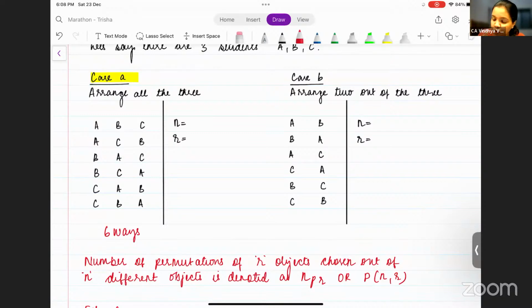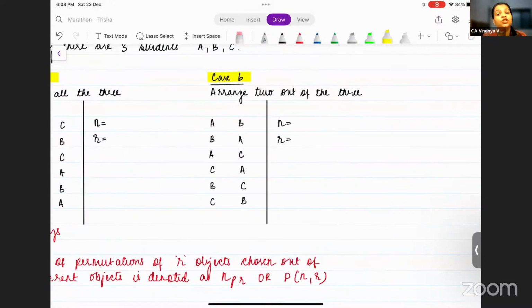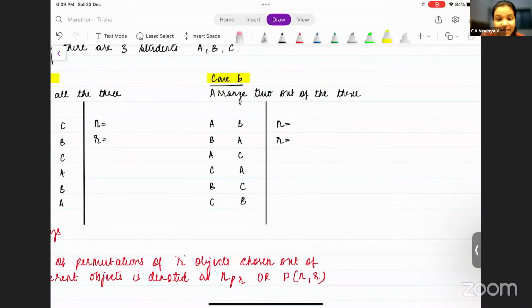Okay. Now move to case B. What is given in case B? Arrange 2 out of the 3. What does arrange 2 out of the 3 mean? You have to arrange any 2 of them out of the 3. How do you arrange any 2 of them? You pick any 2. So A, B, C are 3 people. Let's say A, B. Now, if you consider A, B, you can write AB as well as BA.